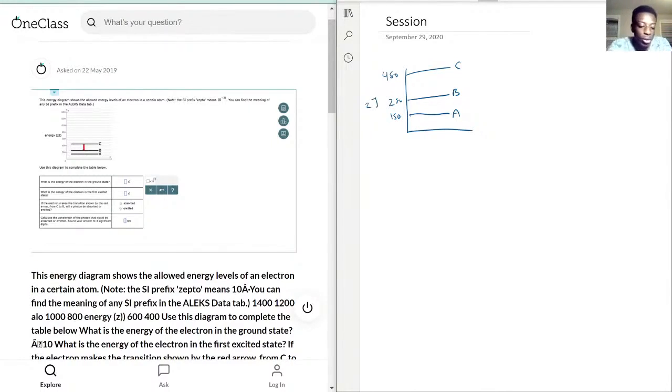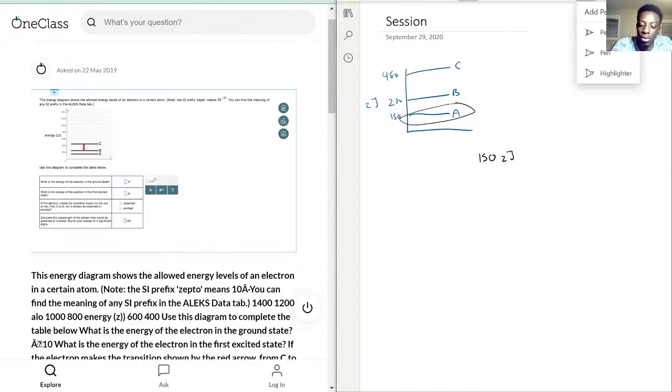So we have that first part. Now, the first question they ask is, what is the energy of the electron in the ground state? Ground state simply means the least state the electron can be. Not zero, but whichever line they give you that is the lowest. So that one would be A, which means the energy of the electron in the ground state is 150 zeptojoules. What is the energy of the electron in the first excited state?